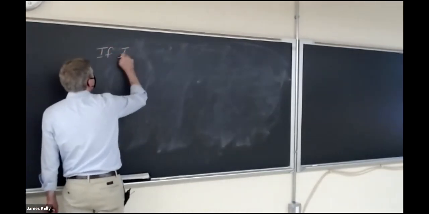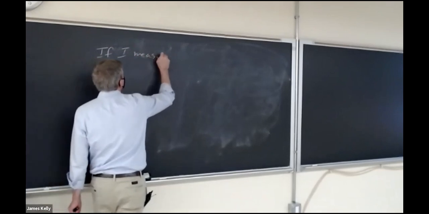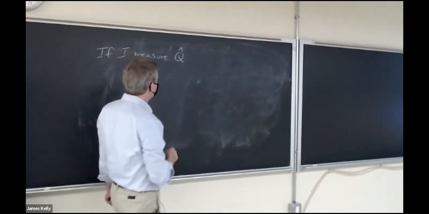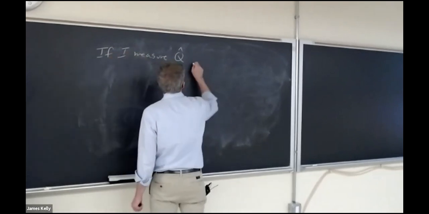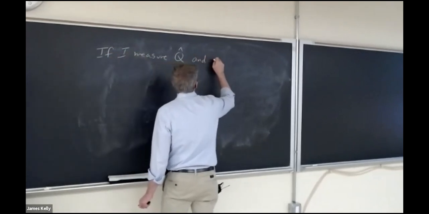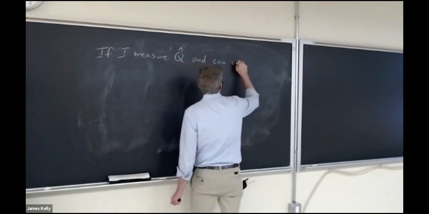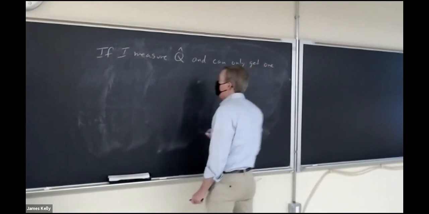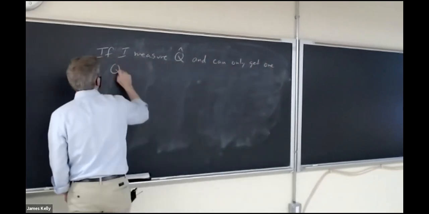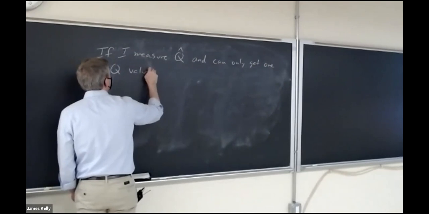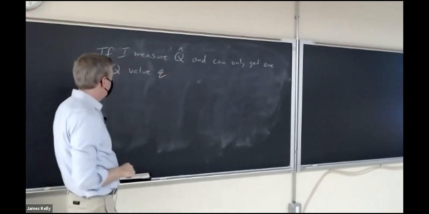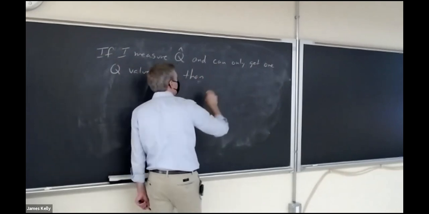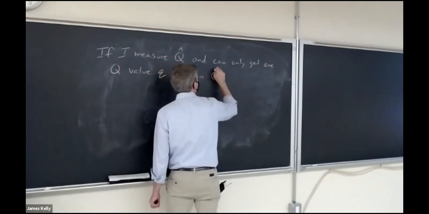if I measure the dynamical variable associated with that operator and can only get one Q value, which in this example I'm calling lowercase q, then this has to be true of that state.